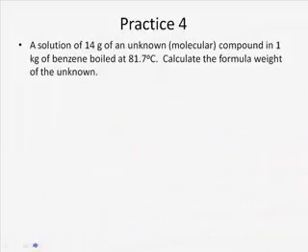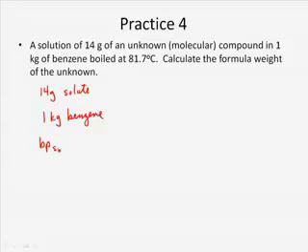Another type of problem you'll see is where we have the data for the boiling point elevation or freezing point depression, either one, and we want to calculate what the molar mass is for some unknown solute. And so here it says we have 14 grams of our solute, and we have 1 kilogram of benzene, that's our solvent, and it says that the boiling point of my solution is 81.7 degrees Celsius.